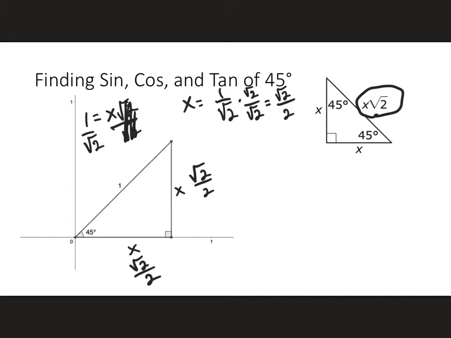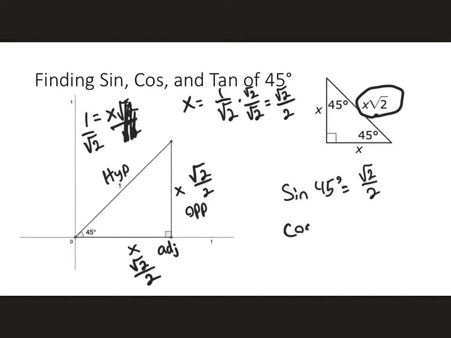Not bad. So if we're going to look for the sine, cosine, and tangent from that 45-degree angle, this is the opposite side. This is the adjacent side. And this is the hypotenuse. So our sine will be opposite over hypotenuse. So the square root of 2 over 2 over 1. We'll just call that the square root of 2 over 2 because the 1 will cancel out.